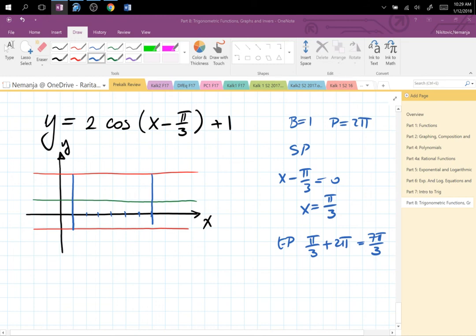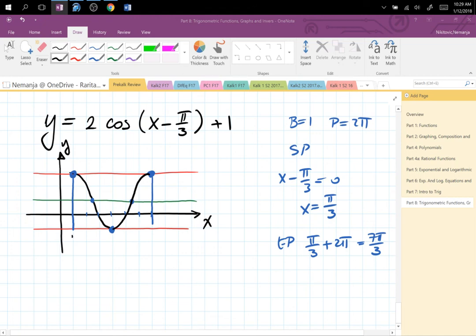The cosine, it's not flipped, so it starts on top and ends on top because it's a positive. Midway is there. And now midway here is there and there. Draw the cosine through these points. And we're done.